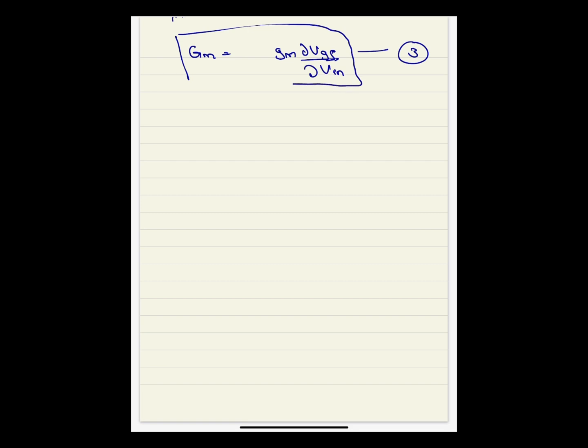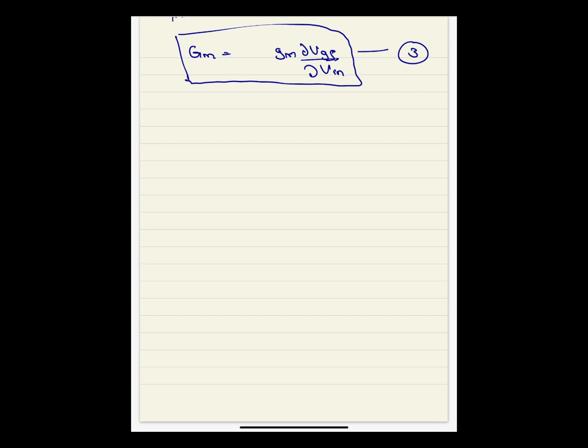If you keep the math aside and stare at this equation, it makes sense. We are trying to find how the capital Gm changes when we have a change in the input voltage. So that is the ratio of change in the gate source voltage to the change in the input voltage.